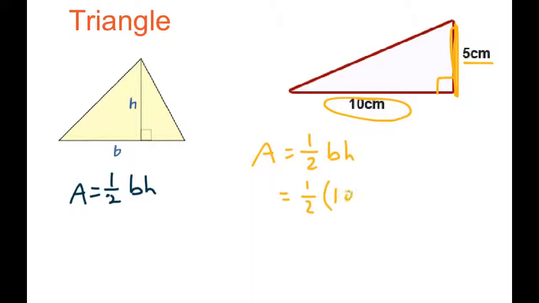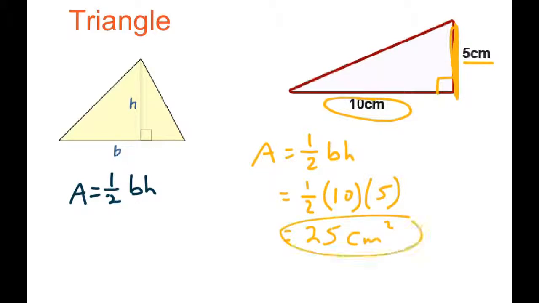Substitute 10 in for the base, and this time the height is 5. It's actually the leg of the right triangle. And then multiply across. 1/2 times 10 is 5. 5 times 5 is 25. And we get 25 centimeters squared. Okay, so same formula, but the triangle's set up a little different.